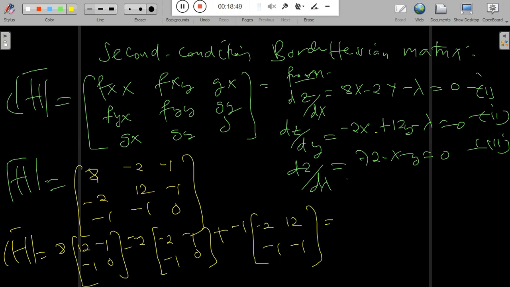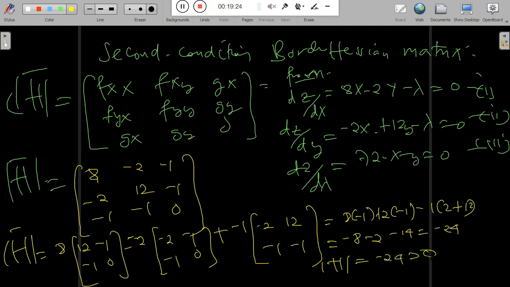That will be equal to 8 times negative 1 plus 2 times negative 1 minus 1 times 2 plus 1. So the result now would be equals to negative 8 minus 2 minus 14. That will be equals to negative 24. So the bordered Hessian matrix determinant gives the result, that is negative 24.